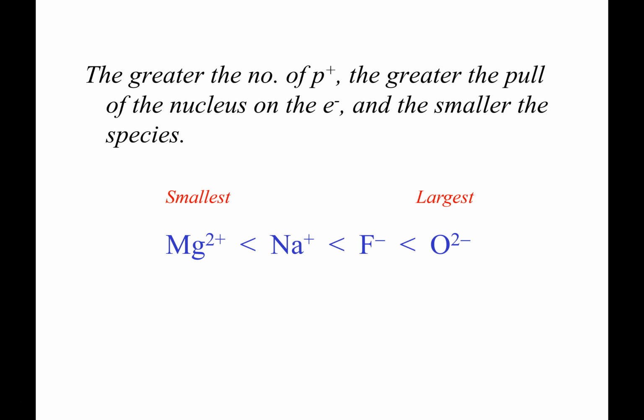Most attractive. And this has the least attractive. And we said a minute ago, if your attractive forces decrease, then your size increases. So honestly, I know it feels kind of weird, but your isoelectronic oxide ion is going to be larger than your magnesium cation.